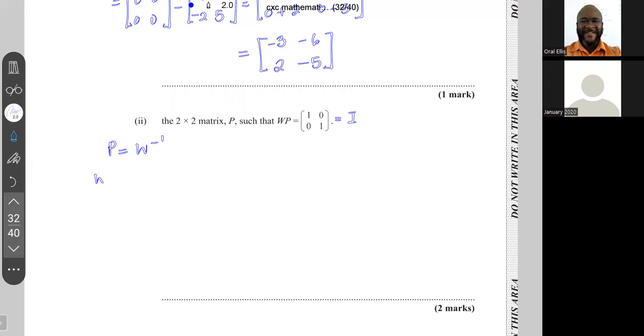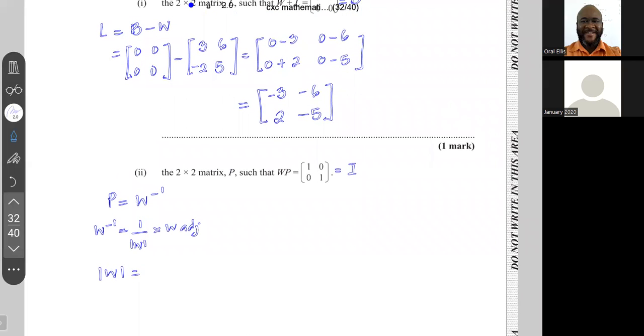Now, W inverse is equal to 1 over the determinant of W times W adjoint. Now, the determinant of W, so W is 3, 6, minus 2, 5. It's going to be the product of the leading diagonal elements, 3 and 5, so 3 times 5, minus the product of the other diagonal elements, 6 and minus 2.